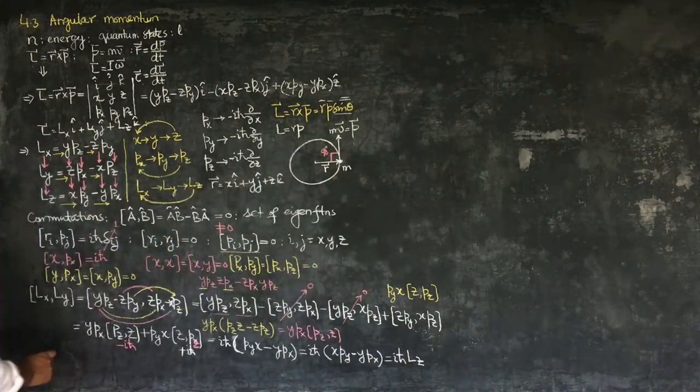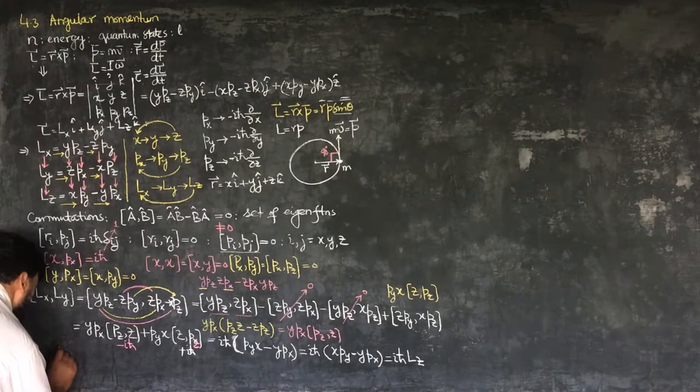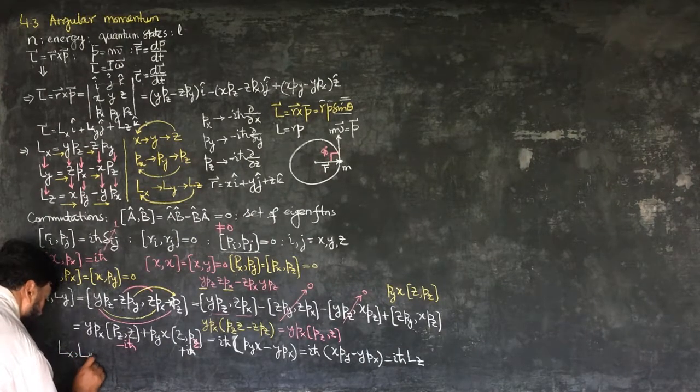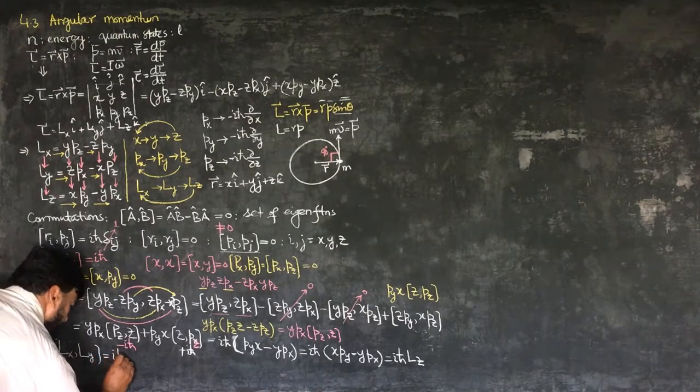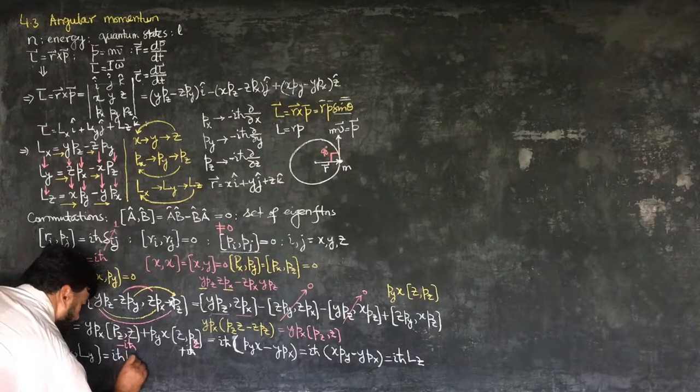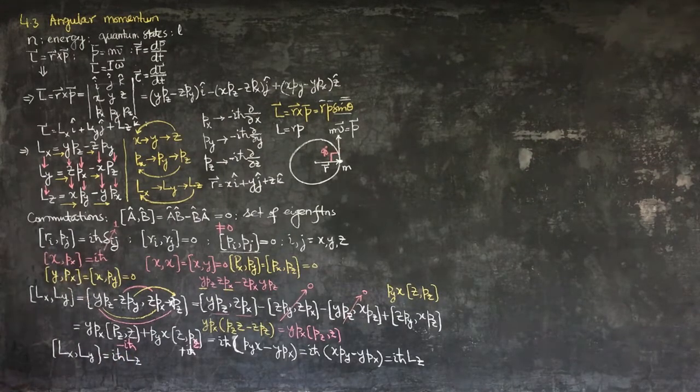So I have proved that the lx ly commutation is equal to ih bar and lz.